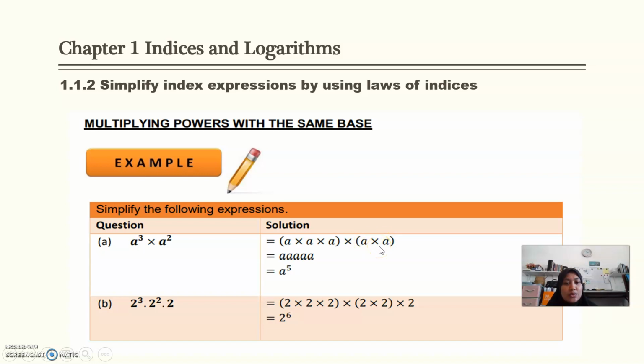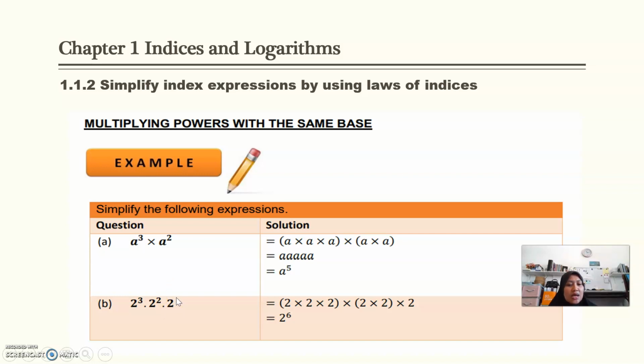So when we multiply, we will get A power of 5. We will multiply this A 5 times. Let's take a look at example B: 2 power of 3 multiplied by 2 power of 2 multiplied by 2 power of 1.